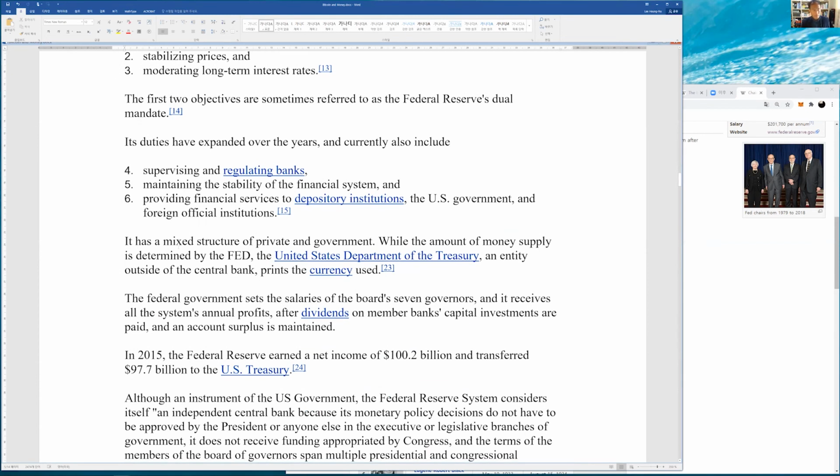Another item we want to talk about is that the Fed is a privately owned company, as well as a government agency. The amount of money supply is determined by the Fed, but the United States Department of Treasury are the ones who print the currency used, US dollars.